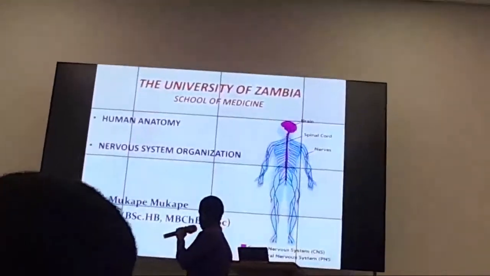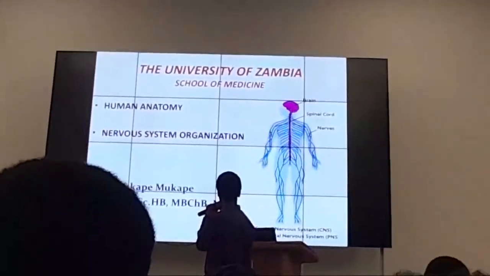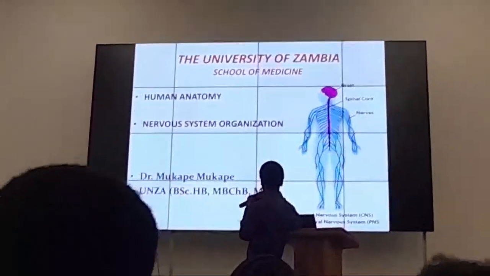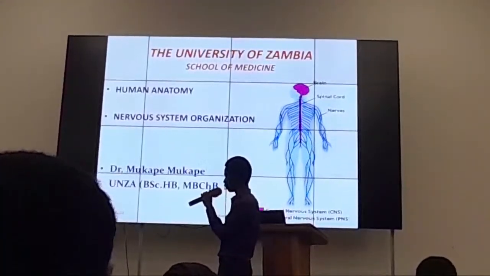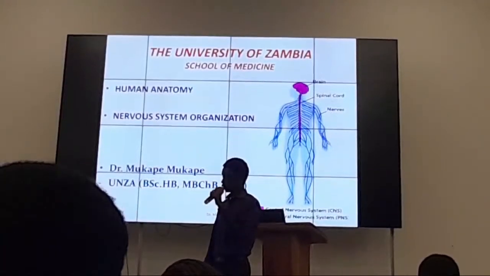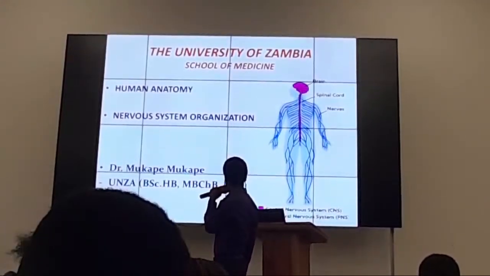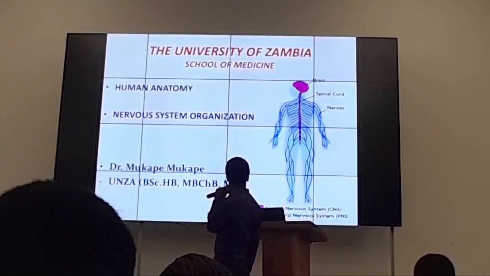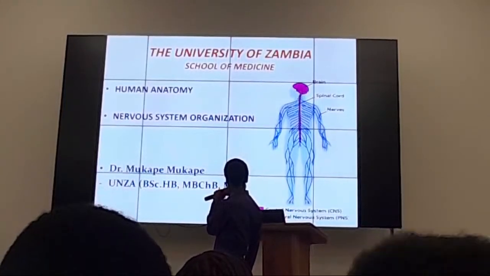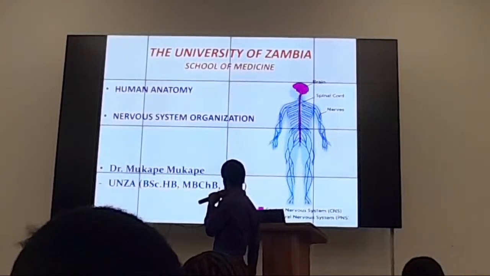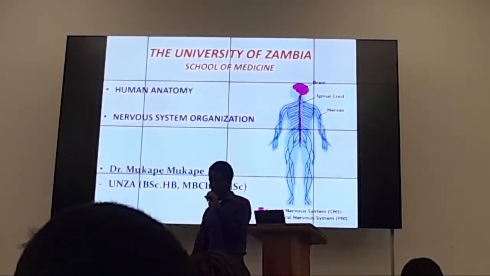As we can see even from this picture in front, we have two colors, pink and blue. We can see that the brain and spinal cord are painted pink, and the rest of the nerves are painted blue.